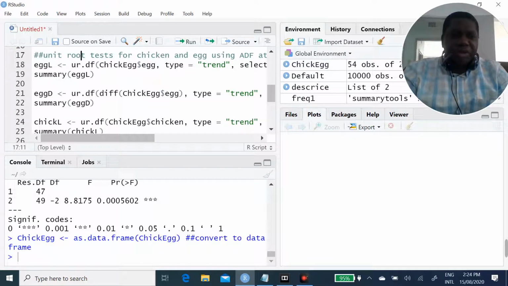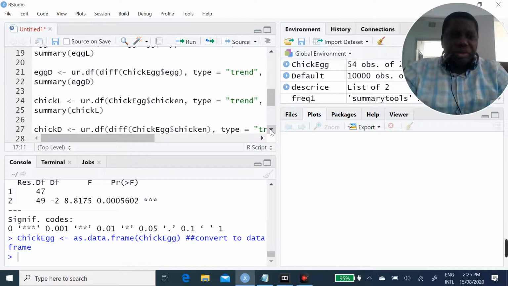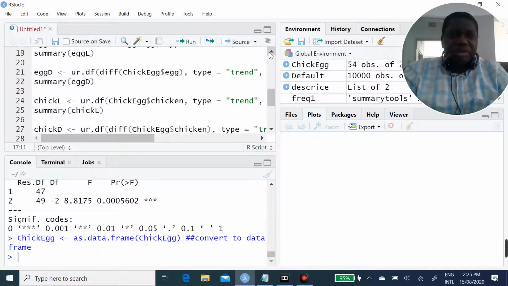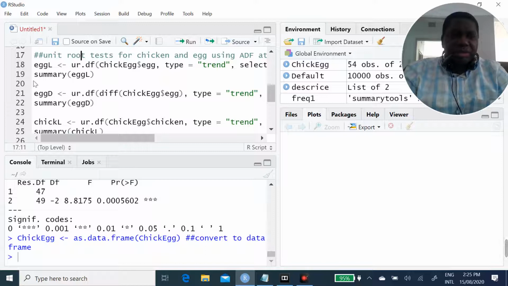Then for first difference, we have egg, I call it egg D. Just the difference between unit root at levels and difference is this function, diff. Every other thing remains the same. So we do that for chicken. That's what I call chick D. So let's run everything and try to interpret the results.